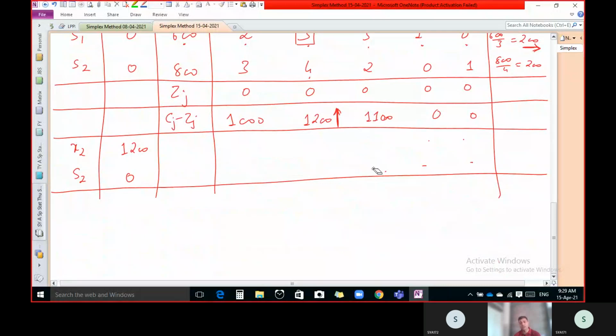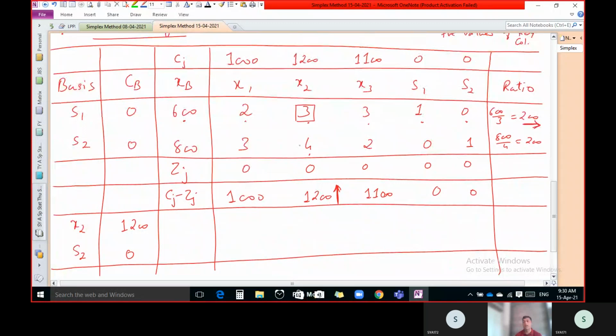There is no extra step you need to learn. Once you have all these values, we can say it becomes the end of the method, but you have to repeat the process.